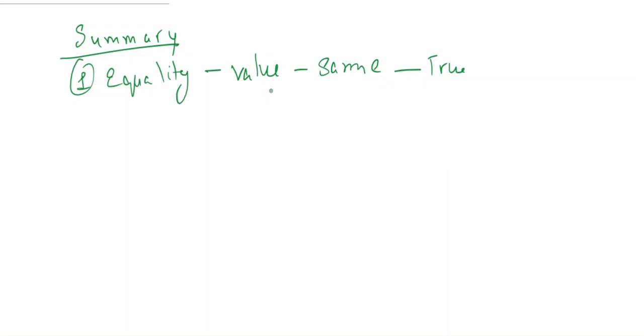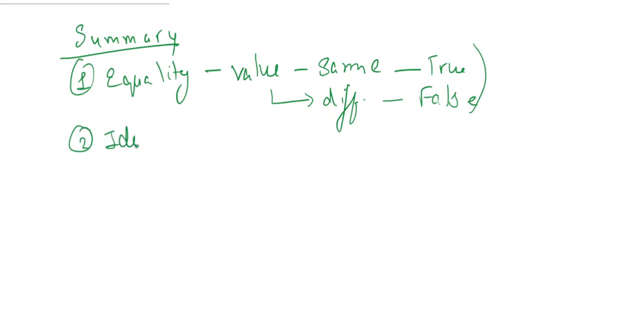And if the values of both the variables are different, then it will return false. This we can easily figure out by looking at the value of both the variables that we have in the question. Now, second, coming to the identity operator.